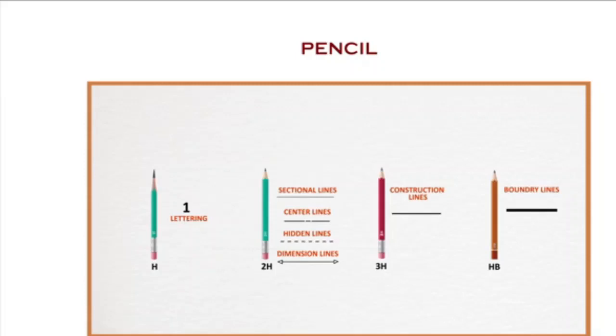To draw the sectional lines, center lines, hidden lines, and dimension lines, a 2H pencil is used. For construction lines, 3H is used, and for boundary lines, an HB pencil may be used. So for various applications, various pencils are used: H, 2H, 3H and HB.